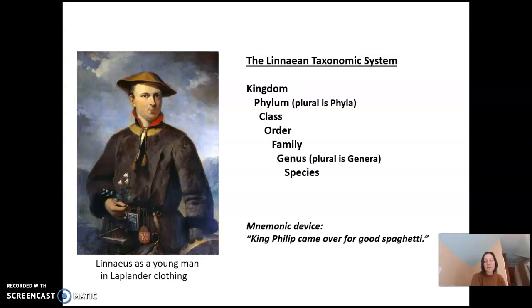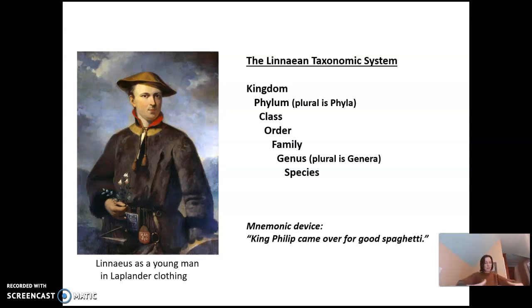The Linnaean taxonomic system went from kingdom to species, and here we're looking at groups of organisms. So the largest group, including the most types of organisms, is the kingdom. We're talking about two kingdoms, two big groups of organisms, but he broke it down even further.